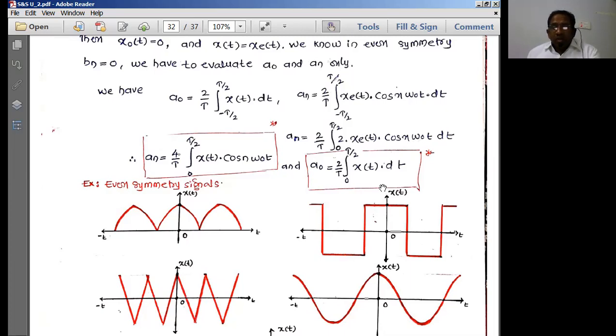So one of the harmonic component parts of a naught has gone. Therefore, this 2 is not multiplied here. This is a very important conclusion you have to keep in mind. a_n you are multiplying with 2 by T. If you go for an odd function, same story for b_n. But coming to a naught, you should be a bit careful about a naught here.